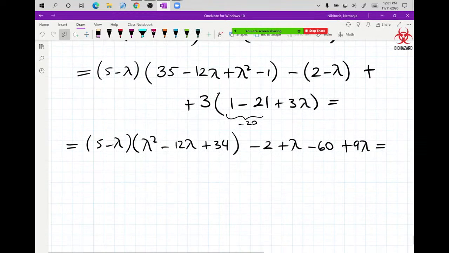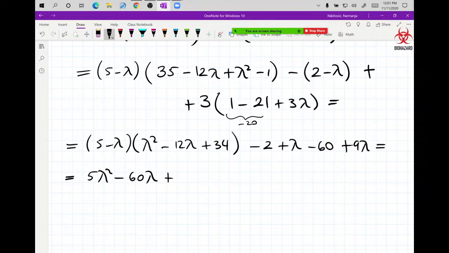Okay. Now the big FOIL over here. 5 lambda squared minus 60 lambda plus 150, 170 minus lambda cubed plus 12 lambda squared minus 34 lambda, and combining these guys, minus 62 and plus 10 lambda.